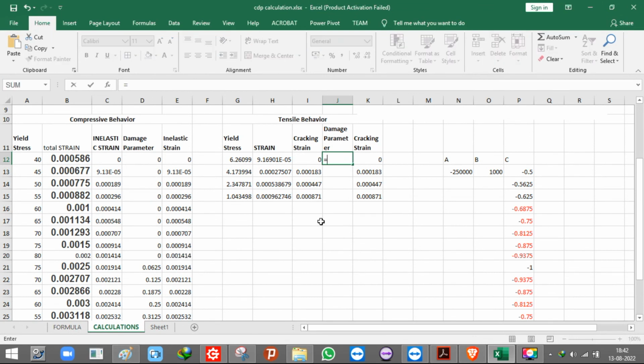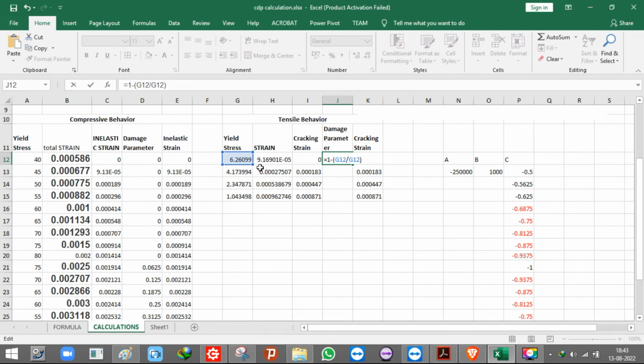This sigma t naught is the same value, that is my maximum value, sigma t naught.